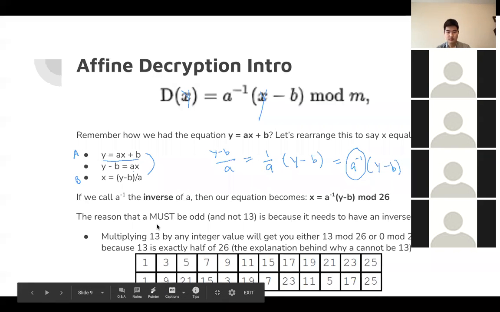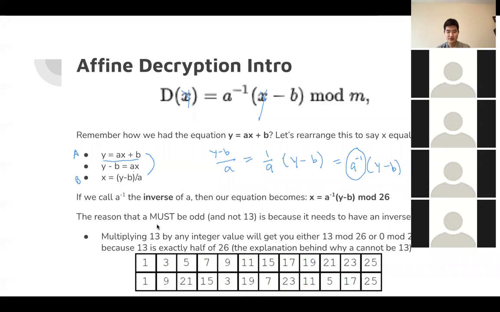I don't think you've noticed yet maybe, but there's a reason that a can only be odd numbers from 0 to 25, or even 1 to 25 would be a correct explanation. But there's a reason a can only be odd and it cannot be 13.